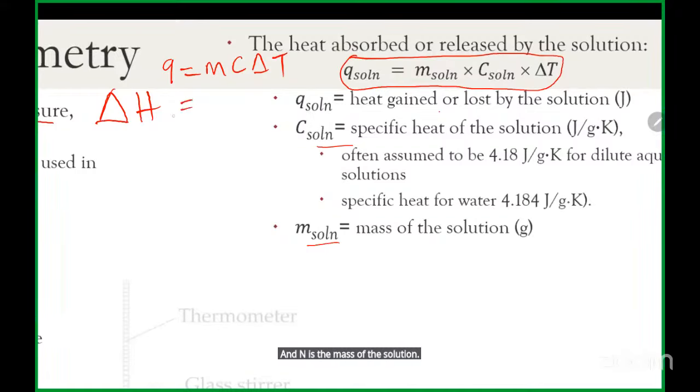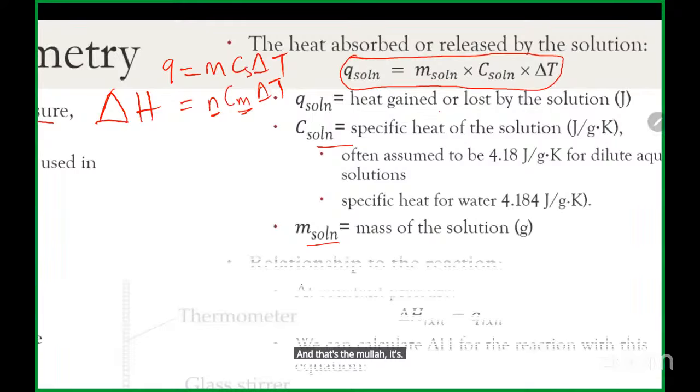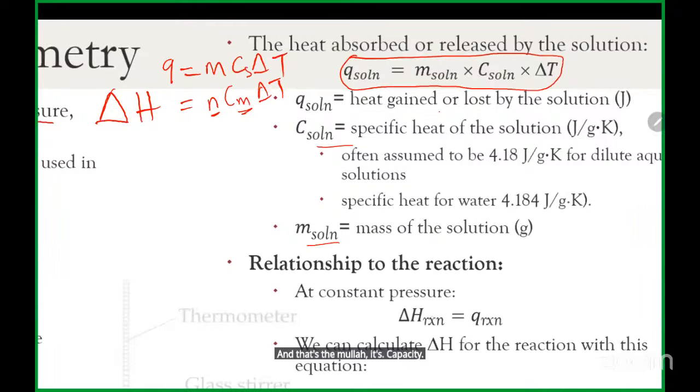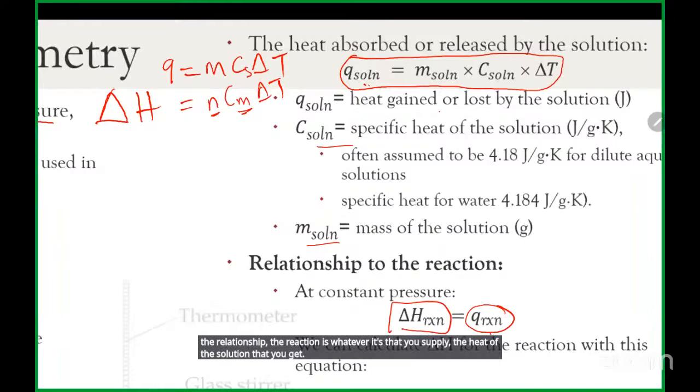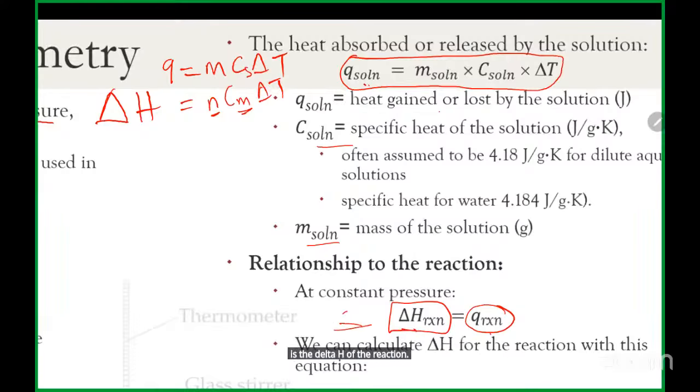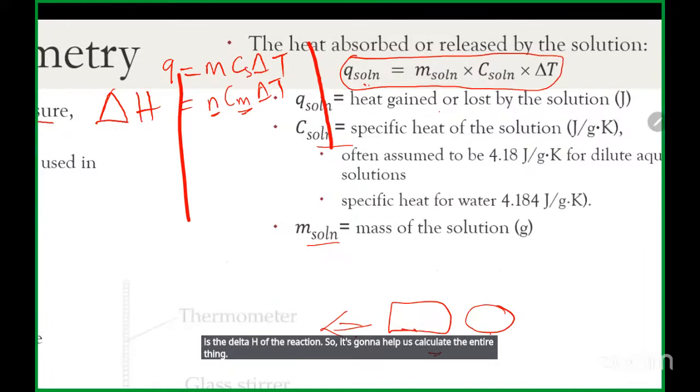Or in a different place, you can talk about n C_m delta T, where n is the number of moles and C_m is the molar heat capacity. The relationship to the reaction is that whatever heat you supply, the heat of the solution that you get is the delta H of the reaction. So it can help us calculate the enthalpy of the reaction.